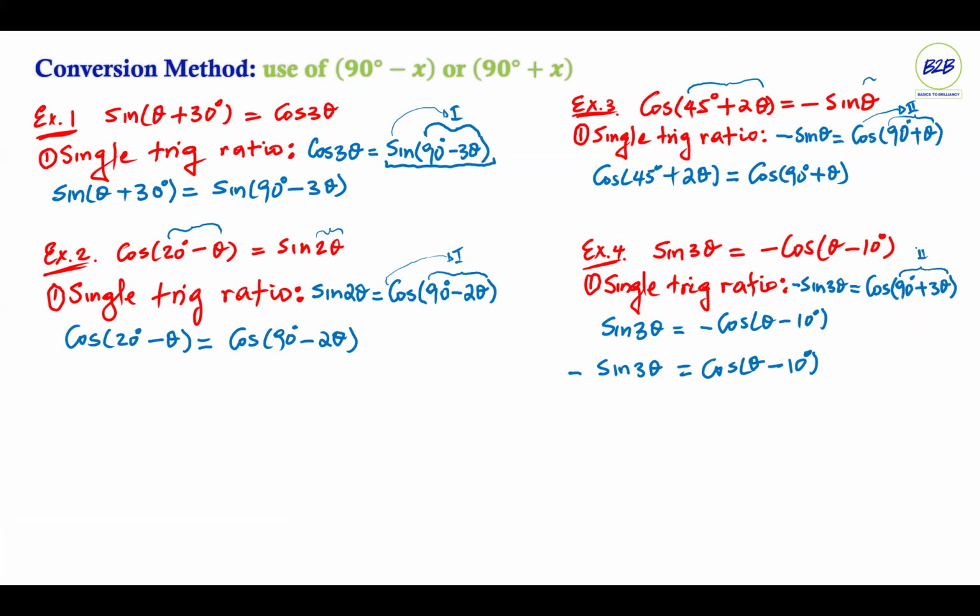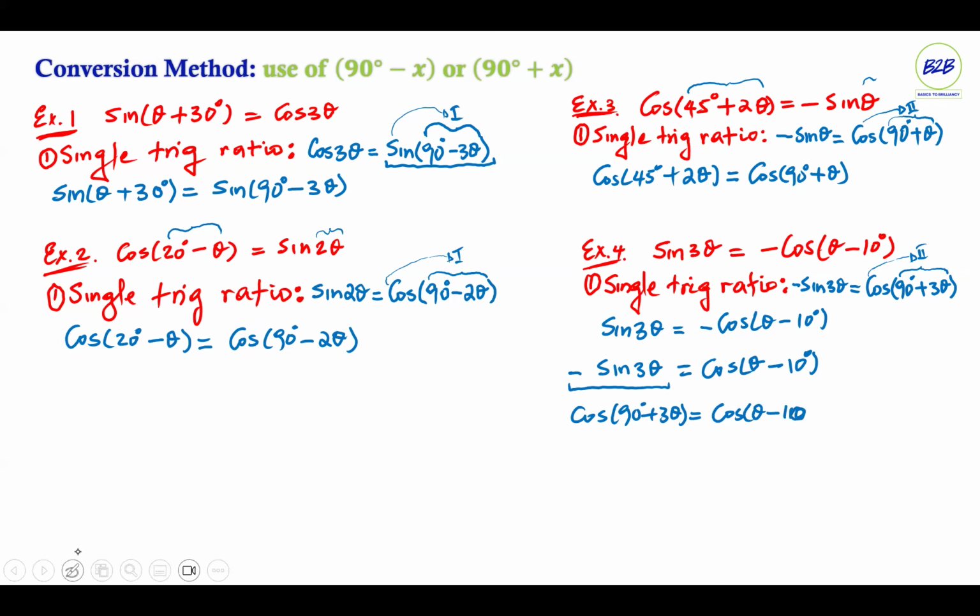That is the second quadrant, and in the second quadrant, what is the sign of cos? Negative. Therefore, that is where this negative comes from. With that being said, we can replace the left-hand side of this equation by cos 90 degrees plus 3 theta, all equal to cos theta minus 10 degrees.